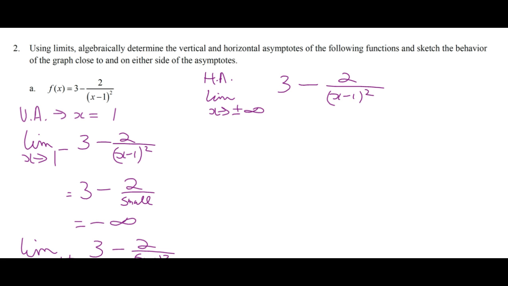Or we're going to have negative infinity minus 1 and square it, so we get an extremely large positive number, right? So when you're taking 2 and dividing by that, you're just going to get 0. So it's just going to be 3. So that equals 3. And then we can go 2 over large positive, and we've got 3.